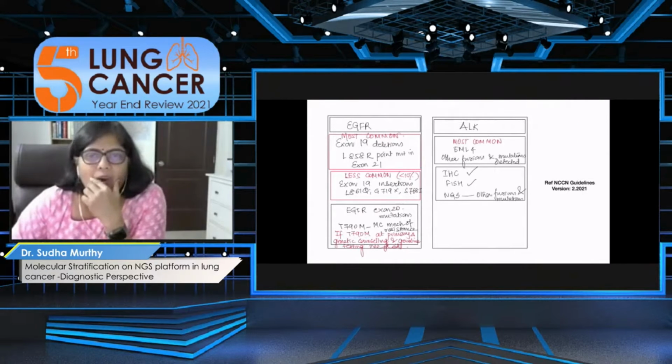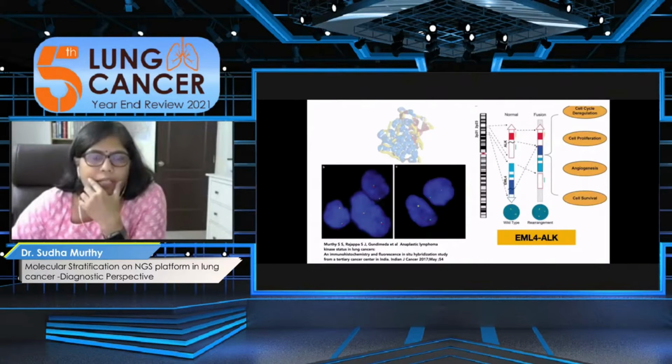Now, ALK, as we all know, the most common is the EML4-ALK. The other fusions and mutations have also been detected, but this is commoner. What we commonly use is IHC, which is easy. FISH also is the gold standard, but with NGS, we are getting to see the mutations and fusions, and therefore that is what is recommended.